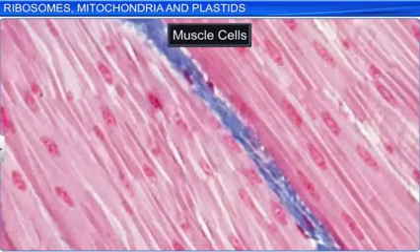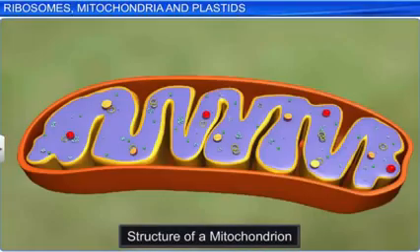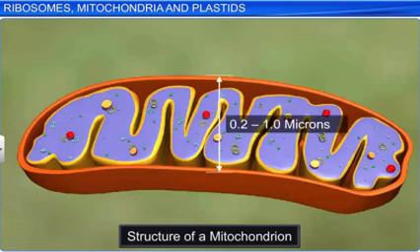Microscopic studies have revealed that a typical mitochondrion, which divides by fission, is sausage-shaped or cylindrical, with a diameter of 0.2 to 1 microns and a length of 1 to 4.1 microns.